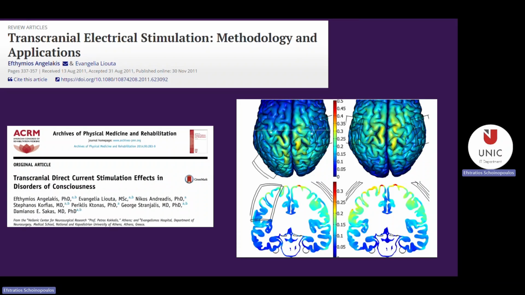One of the applications of those techniques was to see whether we can change consciousness disorders through a direct current stimulation, and also some movement disorders. It was the first paper in the world touching a very, very hot topic, that of vegetative state and coma patients.